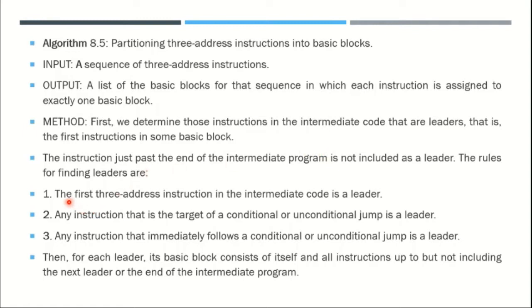For that purpose, we follow the first rule: the first 3 address instruction in the intermediate code is a leader. That means from the given intermediate code representation, whatever the first instruction is can be treated as a leader. Leader means nothing but a basic block.